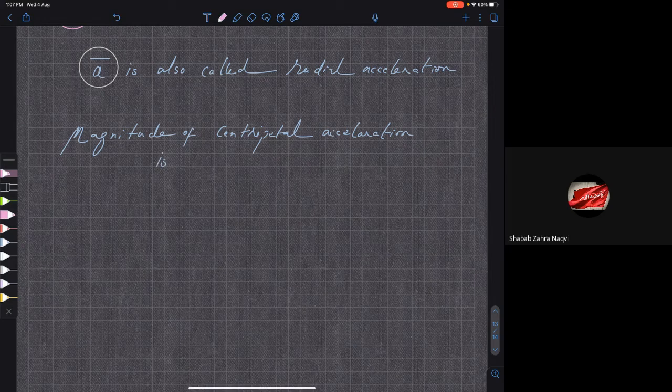V square by R. So if centripetal acceleration is V square by R, then what is the centripetal force required?